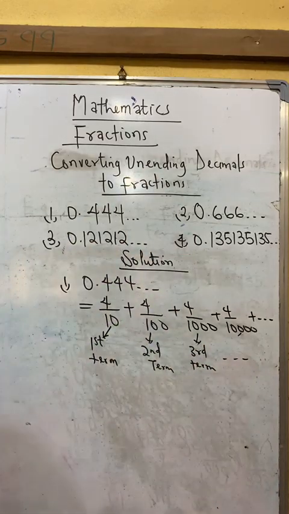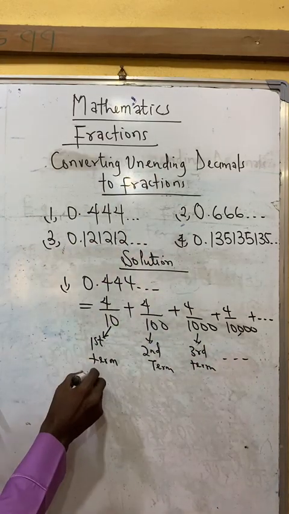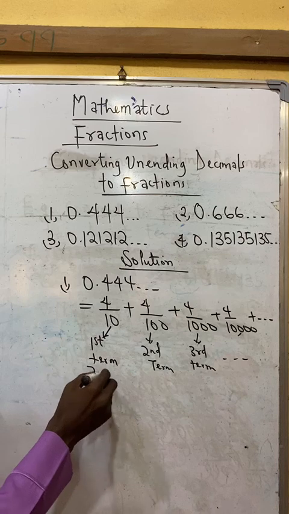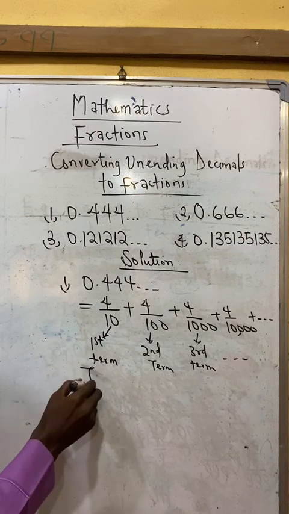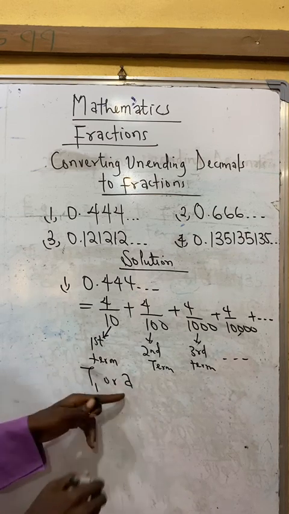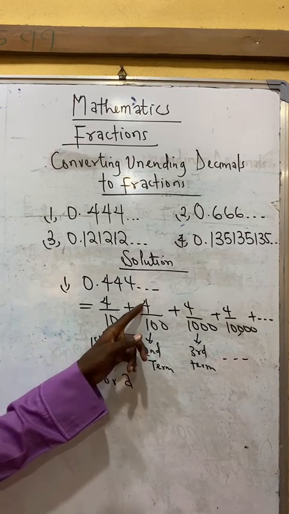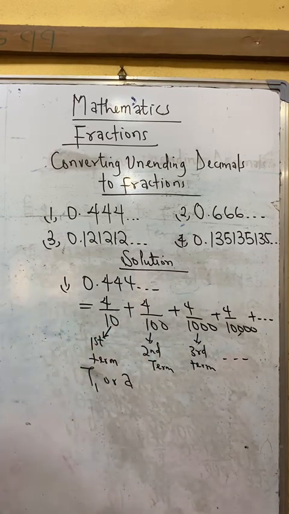The first term is taken as A, T1 or A is the first term. The second term is T2, the third term is T3, the fourth term is T4, and so on.